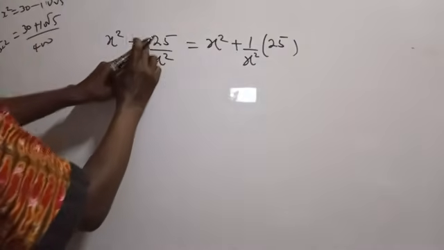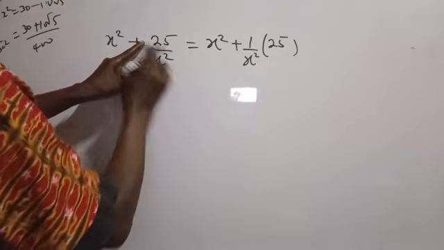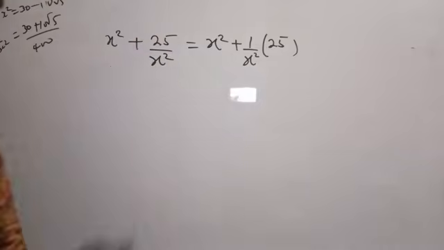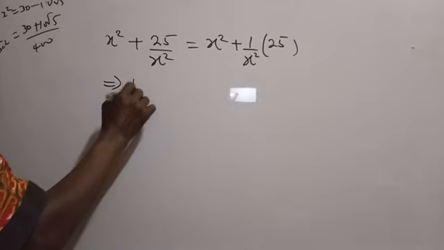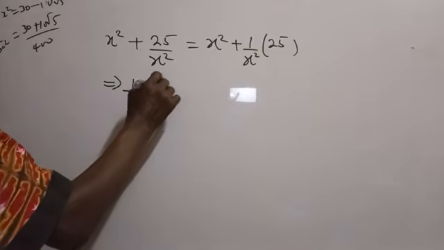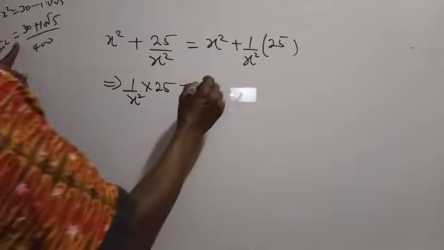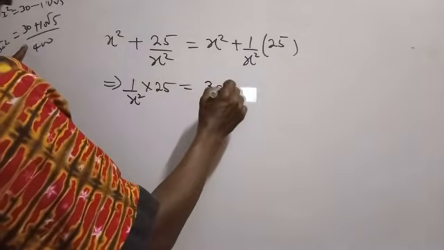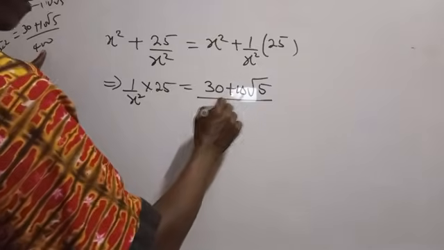You can extract it out like, this is 1 times 25 over s squared. So you can have it 1 over s squared times 25. So that implies 1 over s squared multiplied by 25, as this one, is what? And 1 over s squared has given us 30 plus 10 root 5 all over 400.